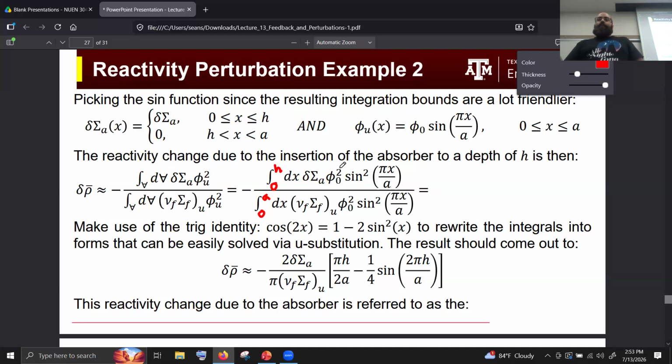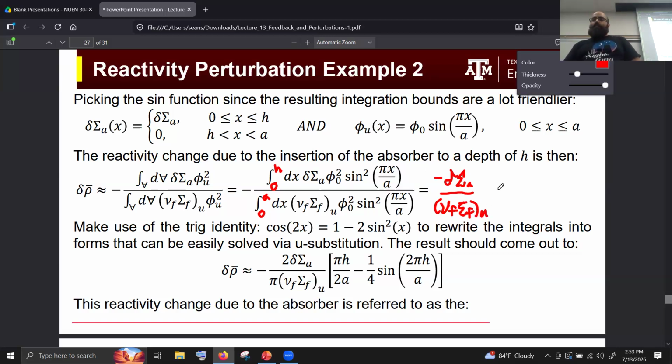Notice that in both of these, the flux magnitude is a constant, which could get pulled out of both integrals and then would cancel on top and bottom. This perturbation is a constant over this range, so it can come out front, and nu f sigma f unperturbed is also a constant, so it could also come out in front. So I'm going to have negative delta sigma a over nu f sigma f unperturbed.